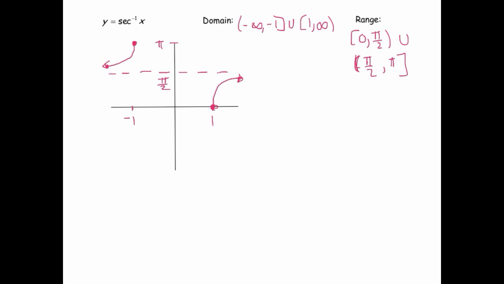So as usual, we're going to find the derivative by writing our relationship, but then switching the perspective and saying that this means that secant of y is equal to x. And then we take the derivative with respect to x.